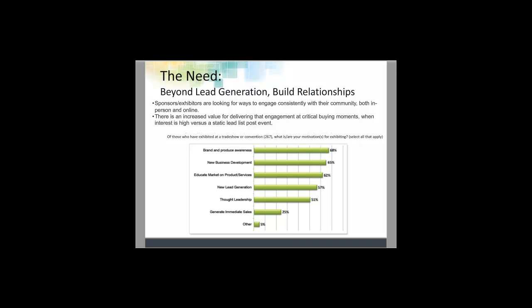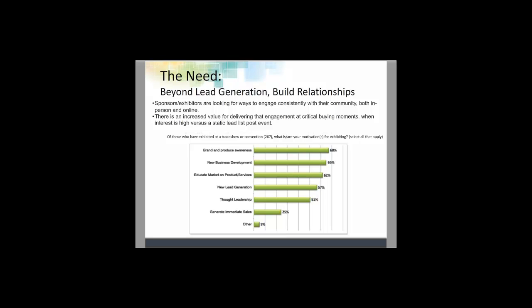So the shift has really gone from our controlling the content that our attendees can get to a more user-controlled consumption model. It's sort of the Google effect. And they want to be able to get information when they want it on whatever device they happen to be using and when their interest is hot.